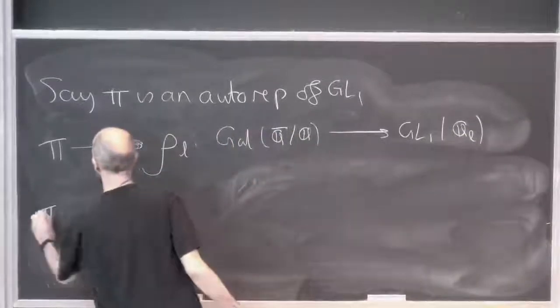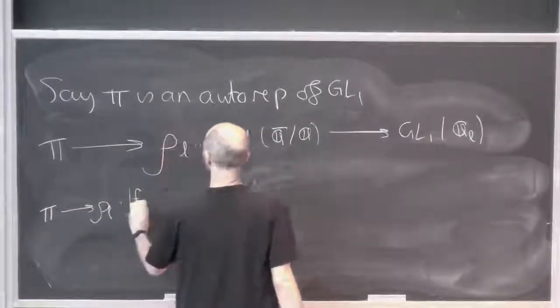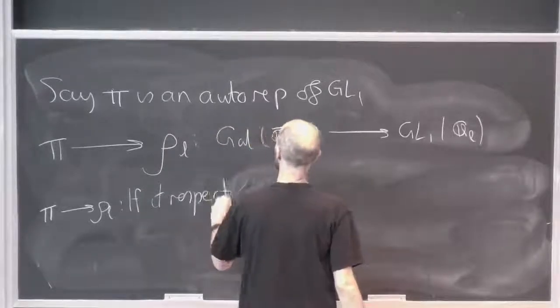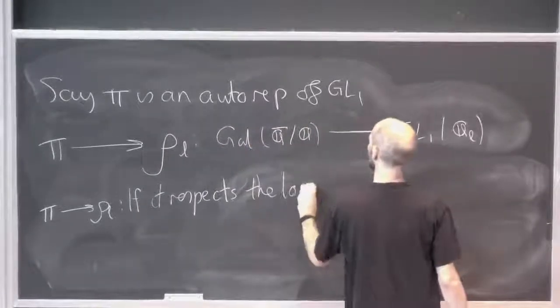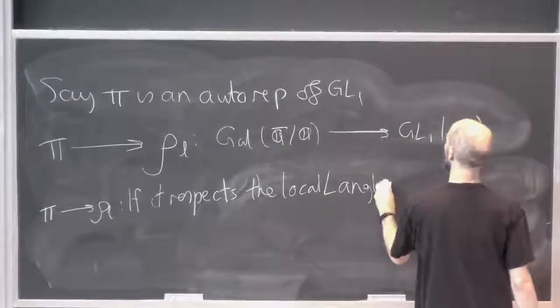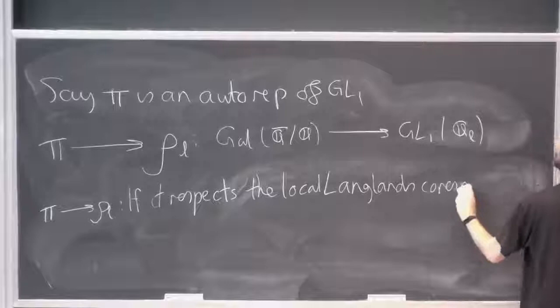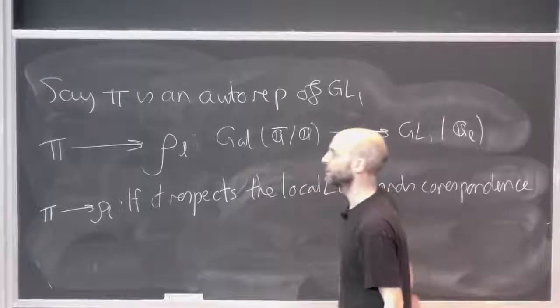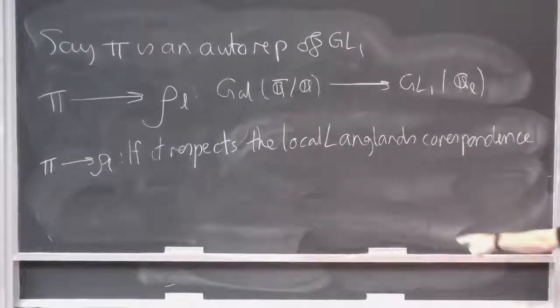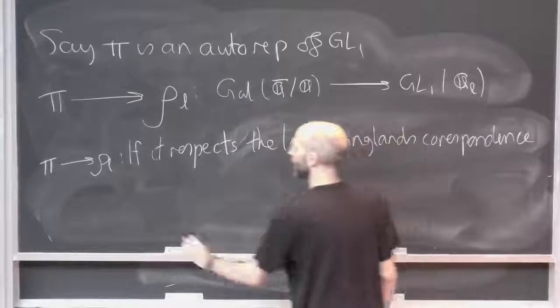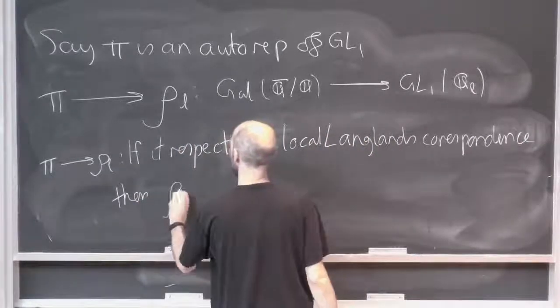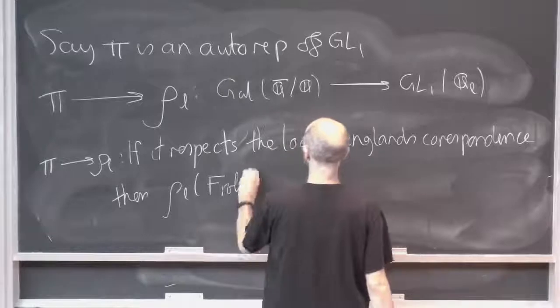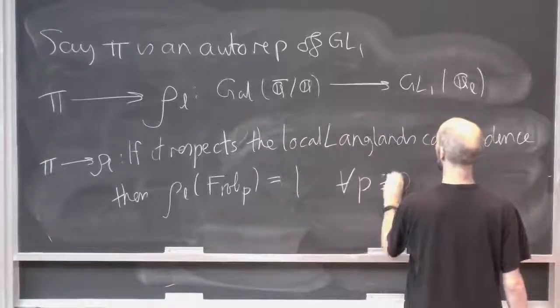If this correspondence, pi to rho, respects the local Langlands correspondence, which we understand quite well for GL1, and the global correspondence should respect the local correspondence, then because my graduate student annihilated every prime p bigger than 100, that means rho_L of Frob p is the identity for all p bigger than or equal to 100.